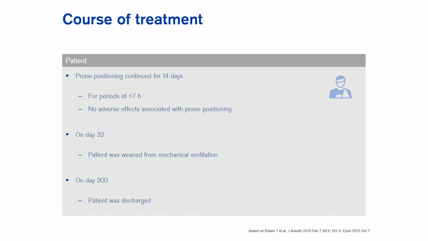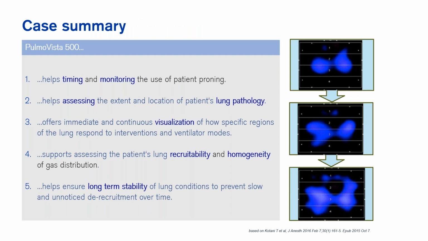So this is an excellent example of how PulmoVista can be used not just during the recruitment, but also during patient positioning, so in this case, proning. And the PulmoVista helps them to time and monitor the use of patient proning. It helps assess the extent and the location of the patient's lung pathology.